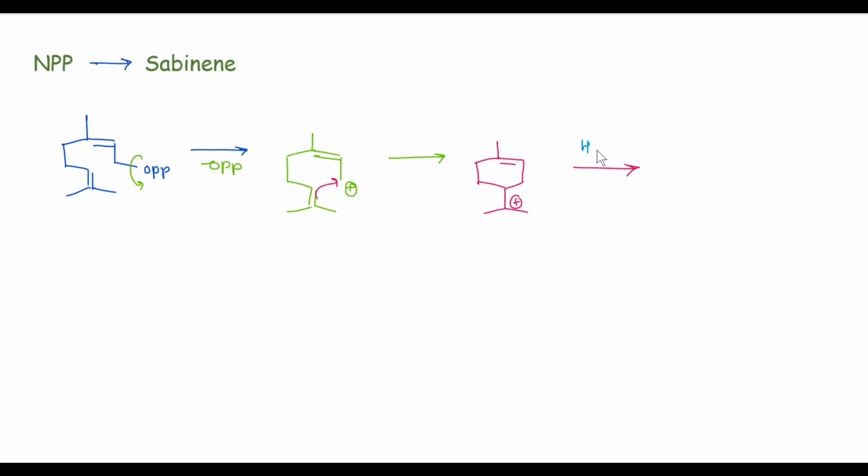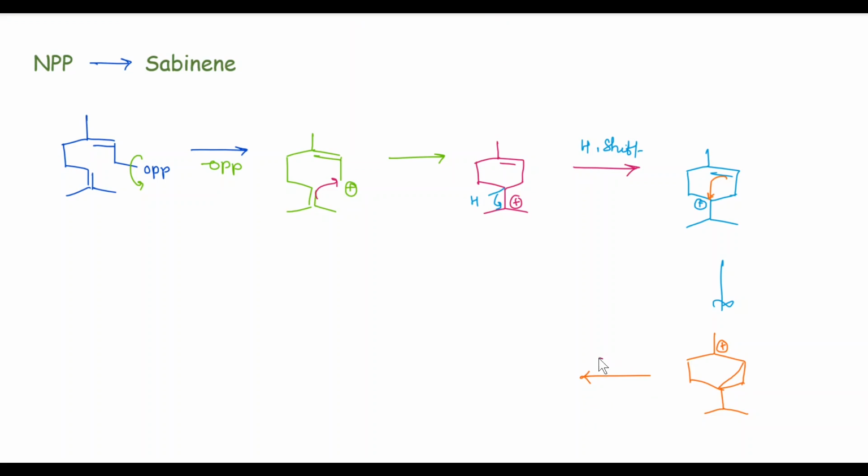In the next step, hydrogen shift takes place of this hydrogen and we get here a new tertiary cation with this double bond. In the next step, this pi bond attacks this electron-deficient carbon atom and we get this new carbon-carbon bond, with this tertiary carbocation.